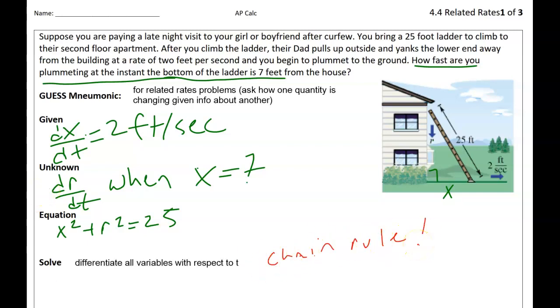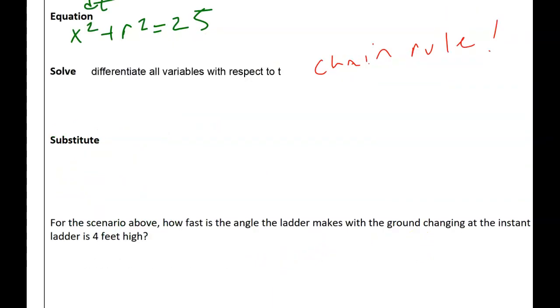There's a reason we're doing this right after implicit differentiation, because it looks really similar. Every variable that I have is a function of t. So the derivative of x squared is 2x times dx/dt. R squared is 2r times dr/dt. And the derivative of 25 is 0.